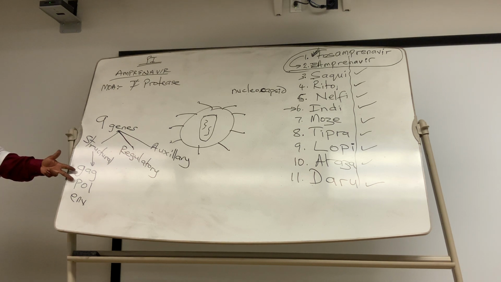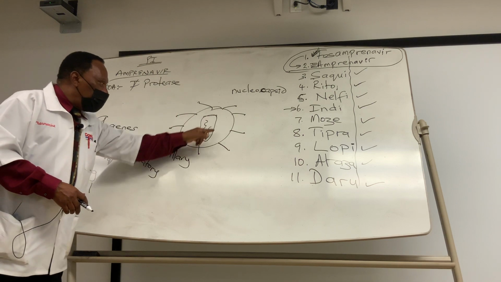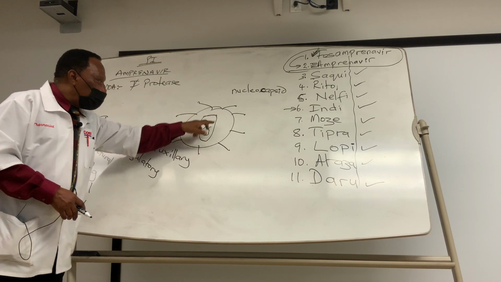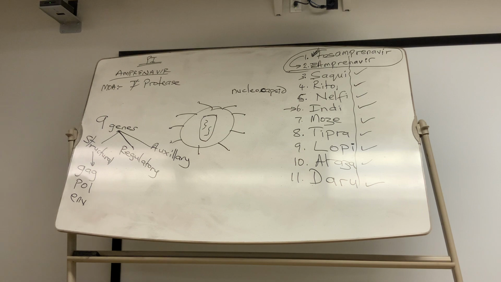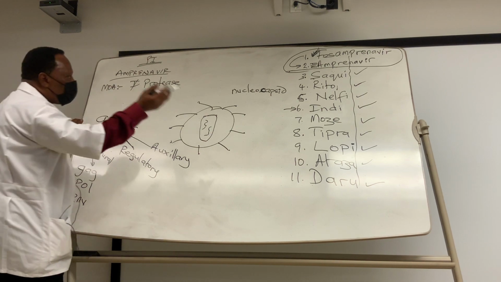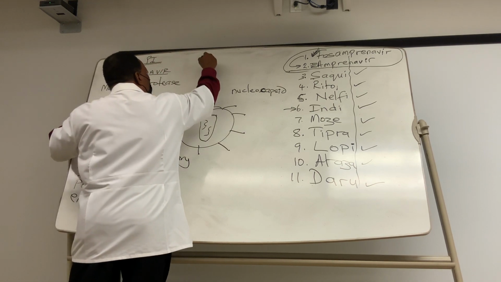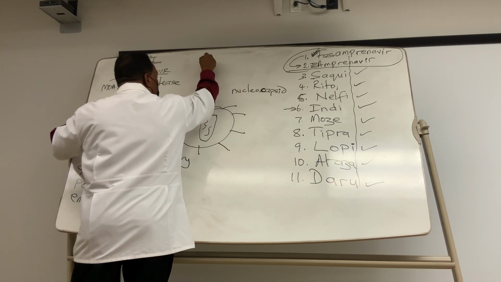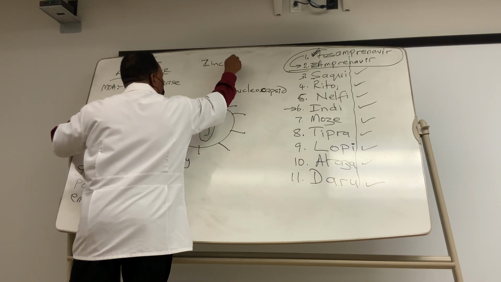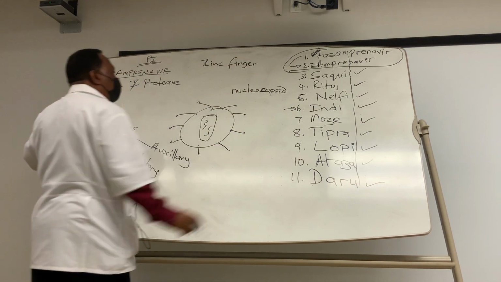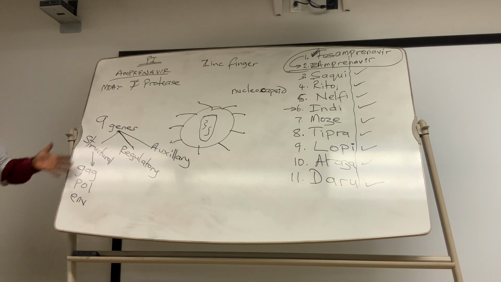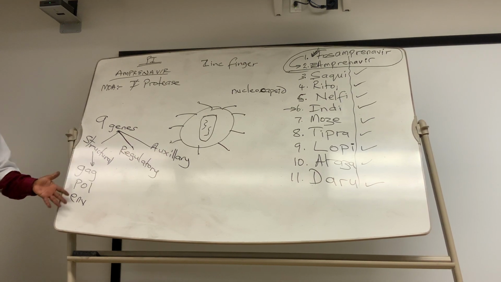The GAG and the POL genes produce proteins that play a role in the formation of this capsid. And as we shall see later, there's something called zinc finger. So the production of that zinc finger also has to do with these structural genes.